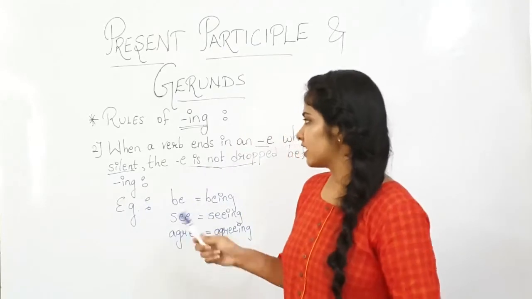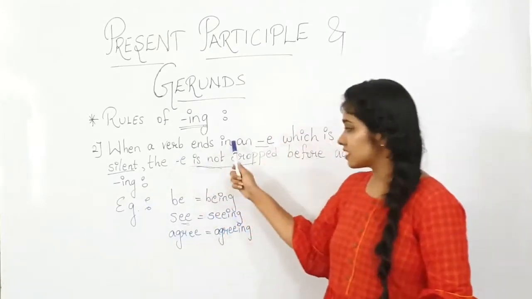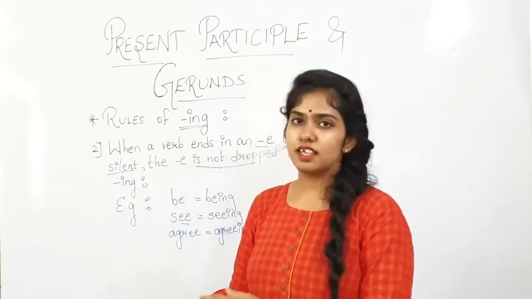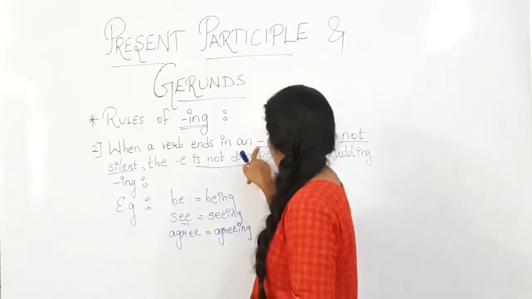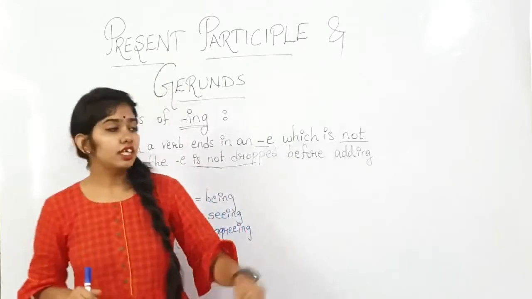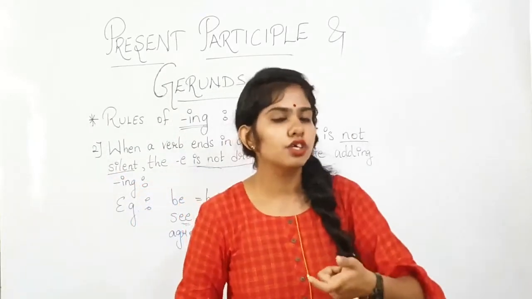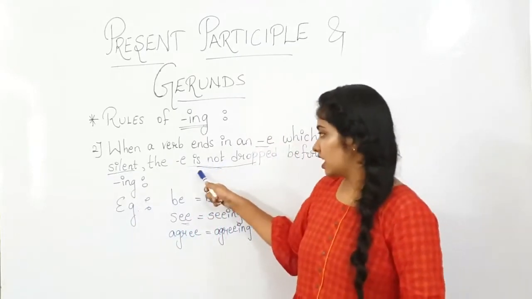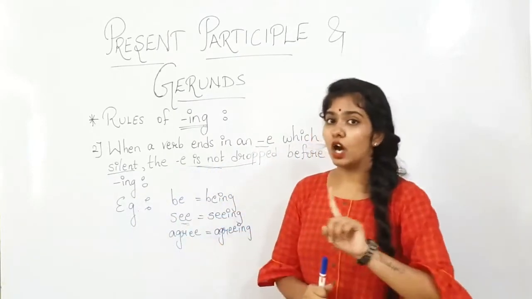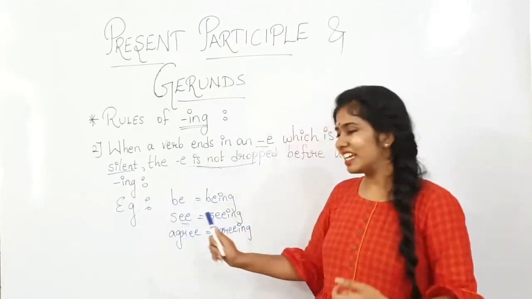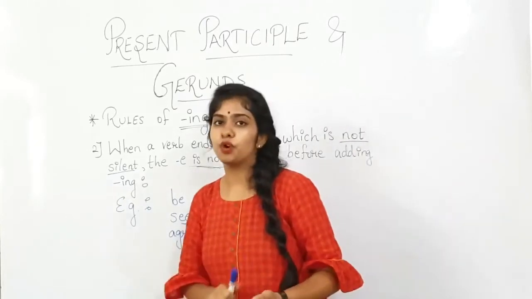But over here in second rule, that is when a verb ends in an E, means whatever the action word is there that ends with E, but the sound of the E is not silent, means we are pronouncing the sound of the E, then E is not dropped out, and you will directly add ing to that word.